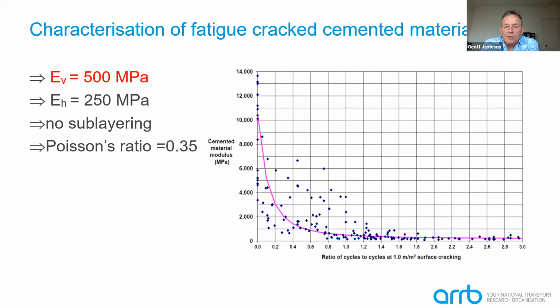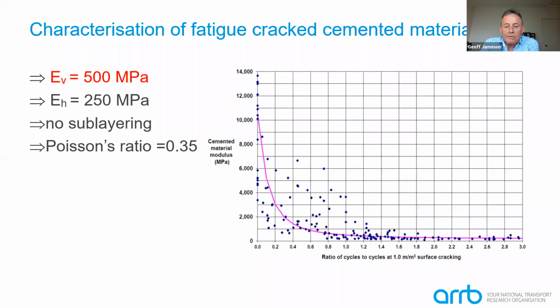Well, we've done this sort of testing both in the lab and in service on asphalt, cemented materials, and foam bitumen stabilized materials. As the damage accumulates, micro cracking happens in these bound materials due to loading.